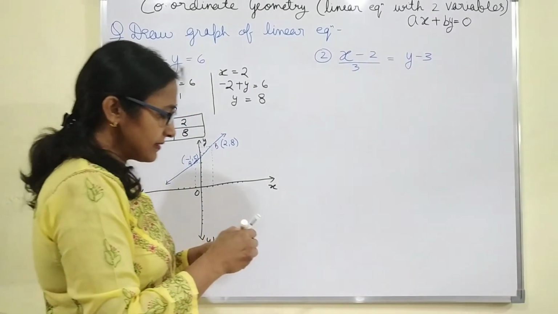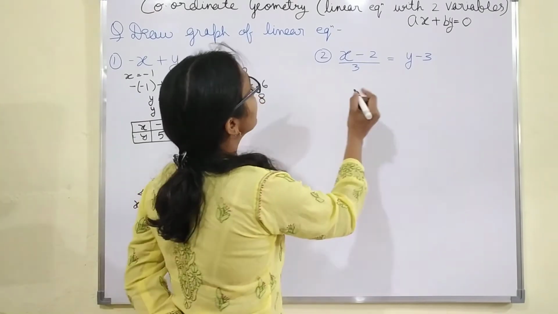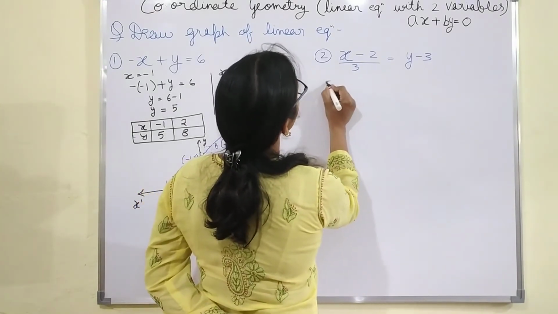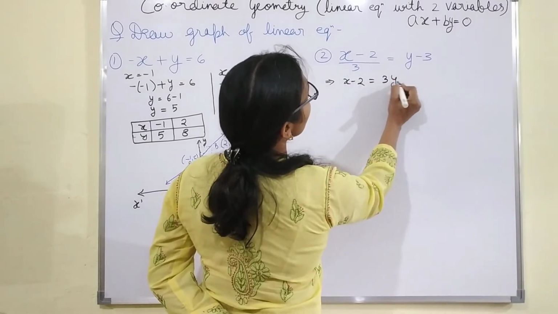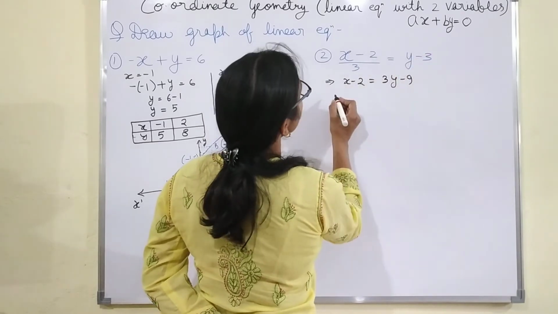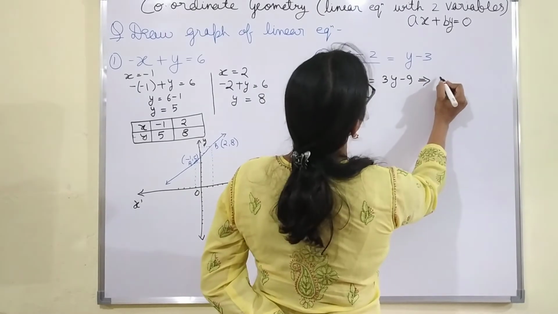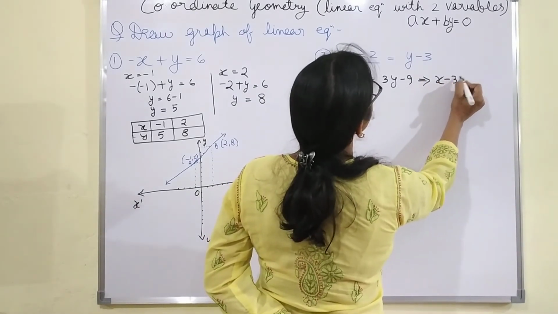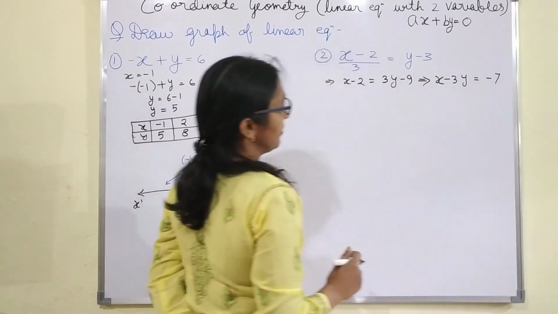Now next example is x minus 2 upon 3 equals to y minus 3. So its solution will be x minus 2 equals to 3y minus 9. It will transpose there and multiply with these two numbers. So equation will be x minus 3y equals to minus 7.